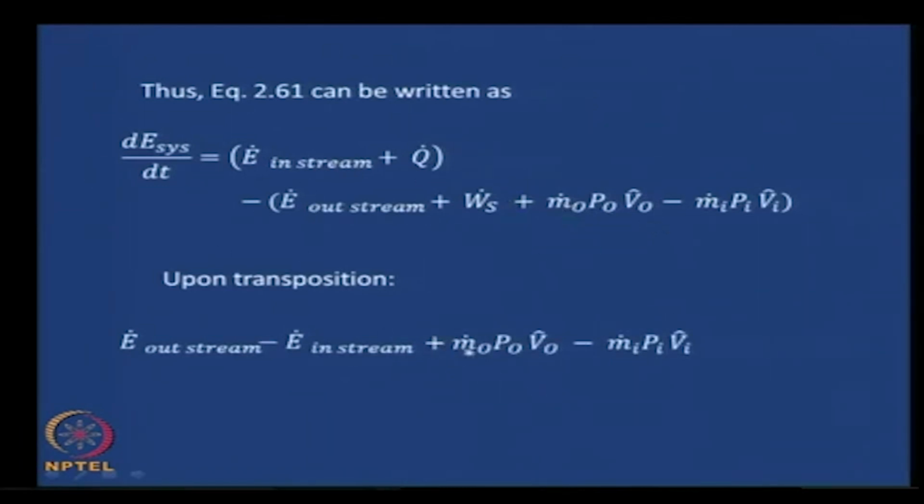You have a plus m_O dot P_O V_O hat, and this minus minus is a plus here, on the other side minus m_I dot P_I V_I hat, plus d/dt of E of system equals whatever remains here, Q dot minus Ws dot. We will call this equation 263.